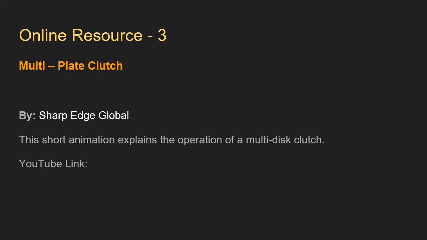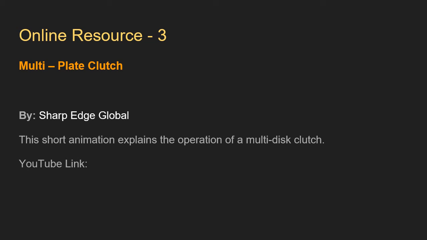All right. Now, so far we have learnt about classification of clutches, functioning of a clutch. We have seen two videos, and then we have derived the formulas for torque carrying capacity of a single plate friction clutch. All right. So after that, now we will start with multi-plate clutches or multi-disc clutches.